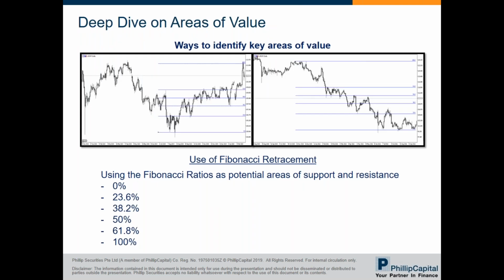So the third way to identify this is one of my personal favorites. It's through the use of Fibonacci retracement. Fibonacci retracement is a drawing tool that is available on Phillip MetaTrader 5. Basically, it has 6 different percentages that tell you that these are key areas to look out for according to the Fibonacci ratios.